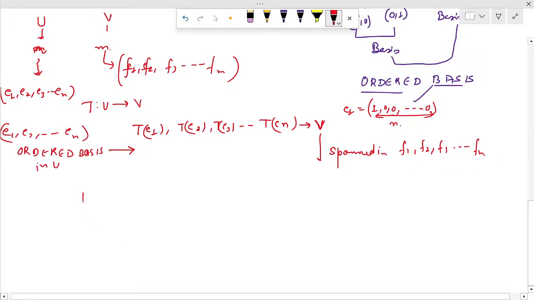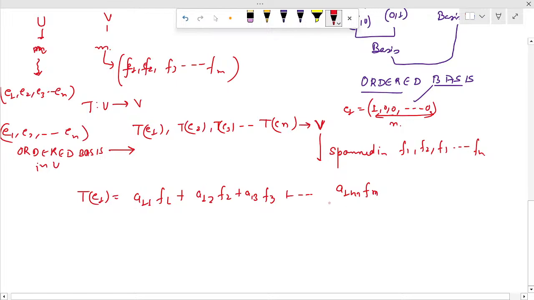So can I not write that TE1 would be equal to some A11 F1 plus A12 F2 plus A13 F3 and so on, up to A1m Fm?